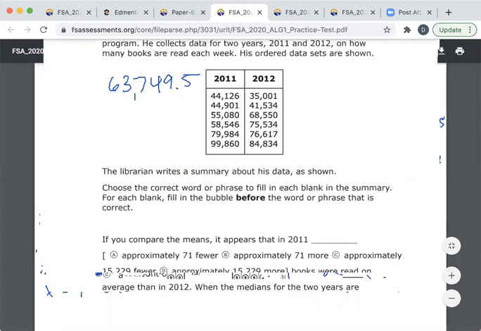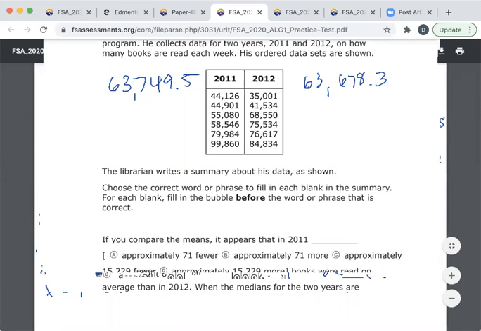35,001 plus 41,534 plus 68,550 plus 75,534 plus 76,617 plus 84,834 divided by 6 is 63,678.3.